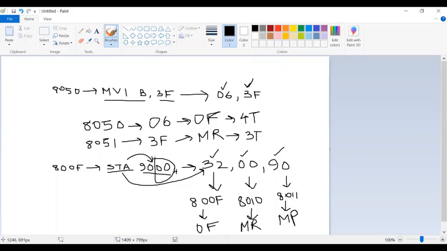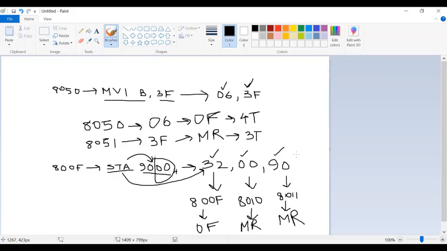Now the address is identified. Is it over? Is it finished? No, the actual operation is still pending. It is still remaining. What is that?